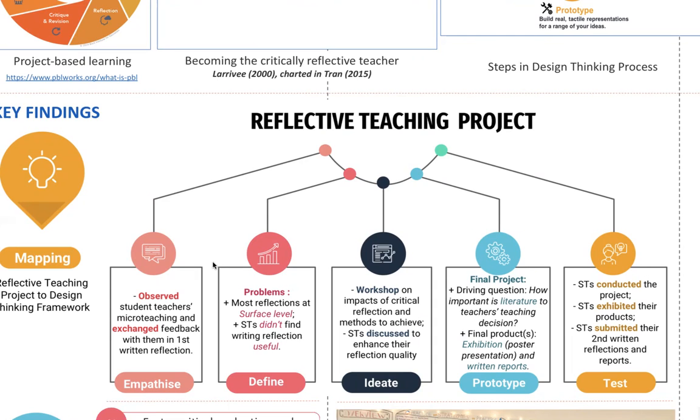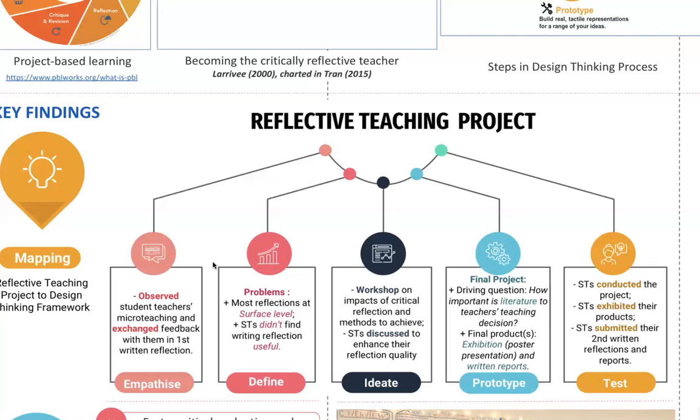And also in the workshop, a number of methods to achieve a higher level of reflection were introduced to the students. And of course, students got some practice with these methods too. And then I gave students plenty of time for their discussion so that they can come up with different solutions in order to enhance their reflection quality.